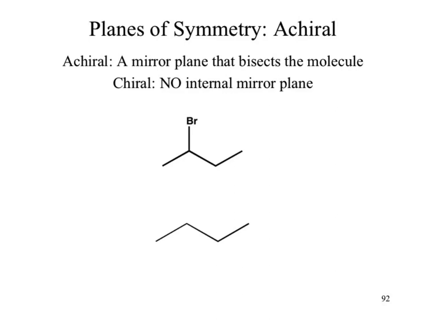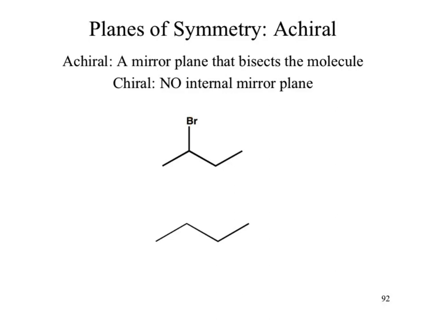If I split immediately through that bromine, can I split immediately through the bromine? Yes. So telling me that the bromine makes that achiral, I have a bit of a problem with. If we look at the rest of the structure and try to draw a mirror plane there, that doesn't work.